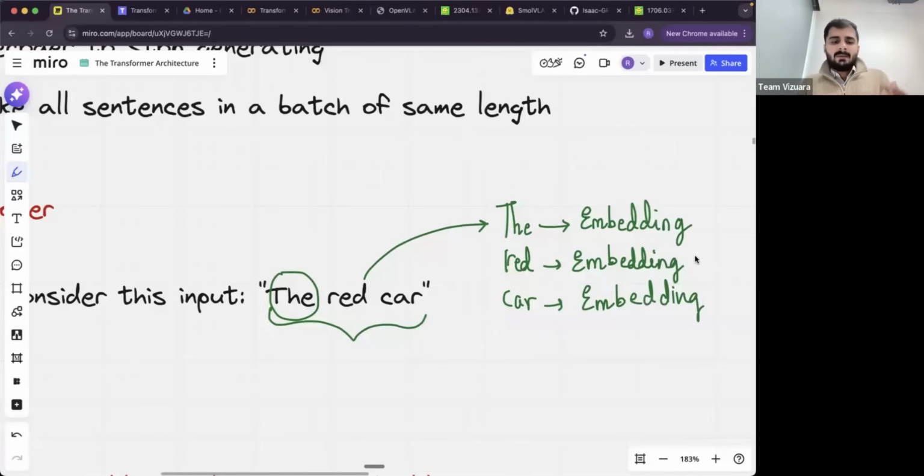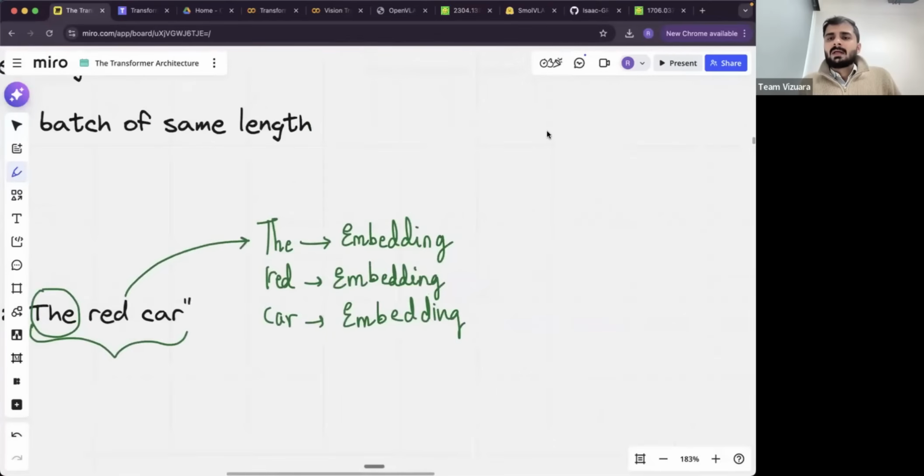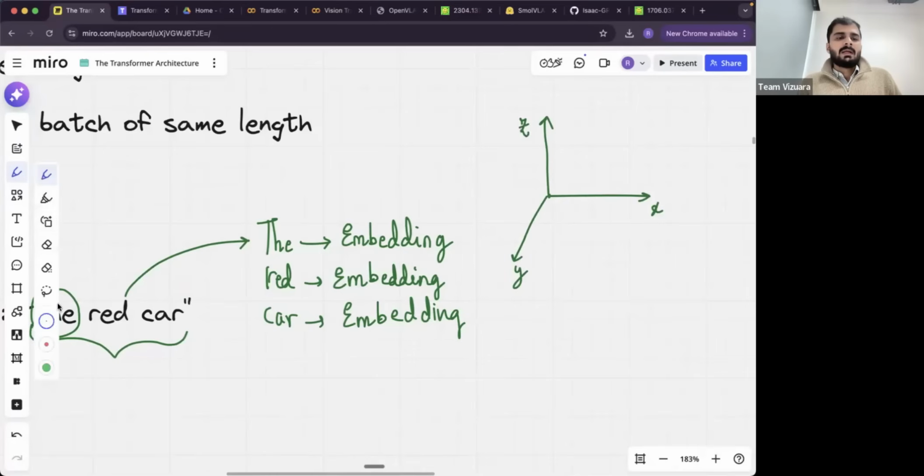You can consider this embedding in an analogy as something like a uniform. We are specifying a uniform for every token in our sequence, and this embedding captures the semantic information related to that word. For example, let's consider that the dimension of the embedding is 3. So this is X, Y, and Z. And let's say you have an embedding corresponding to the word king.